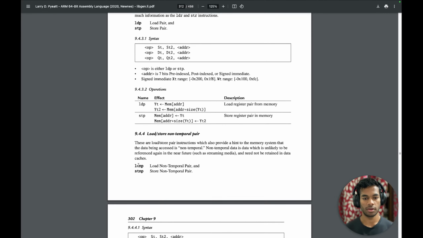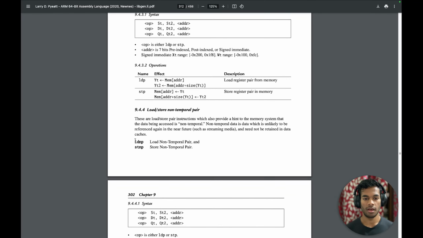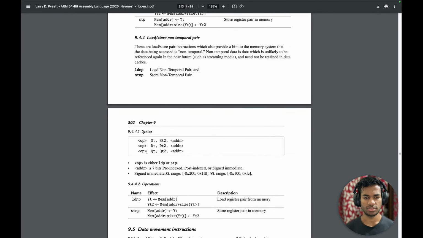Okay, load non-temporal, store non-temporal, load non-temporal pair, store non-temporal pair. Non-temporal pair NP. Okay. It makes sense. So the data that I store or load using these instructions will not be cached, and that is good. Operation, store 1, store 2, D1, D2, Q2.